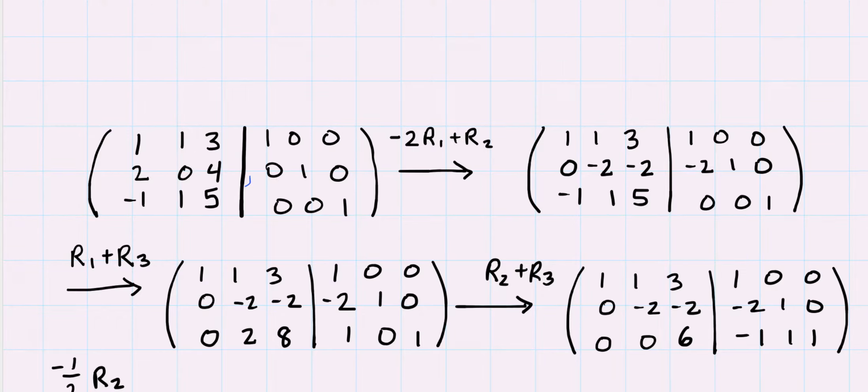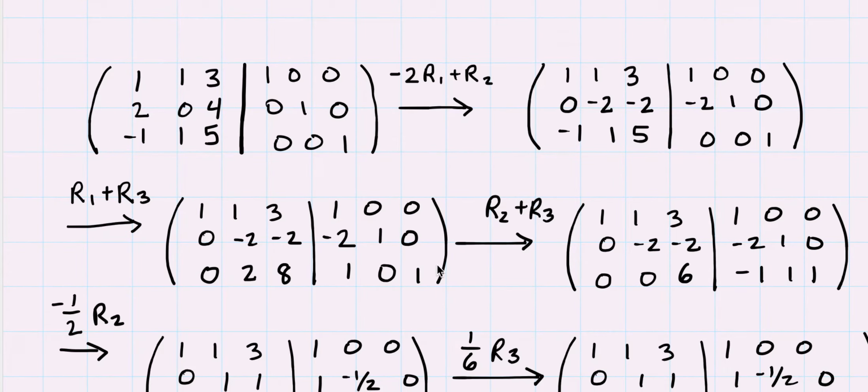First thing I did was I took negative 2 times this row, and then I added it to this one. And then I also added this row to the last row. So by doing those 2 steps, I get this matrix. Then I got rid of this 2.